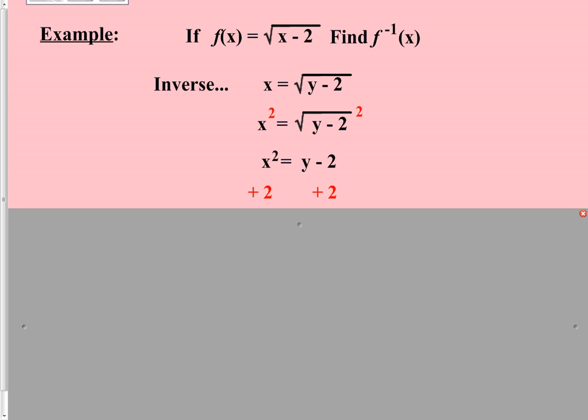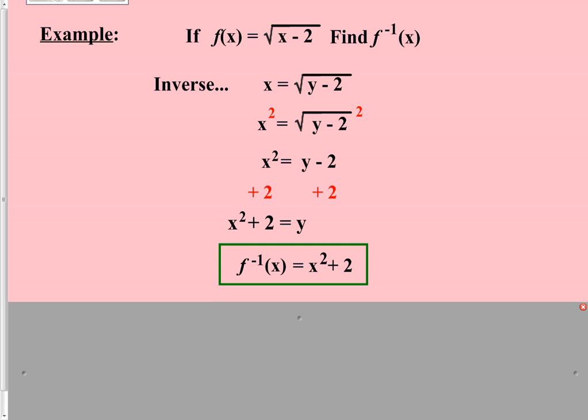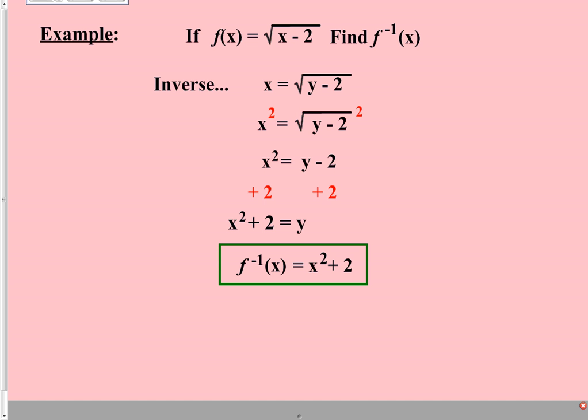On the left side, will the x squared and the plus 2 combine? They will not. They are not like terms. So we will have x squared plus 2 on the left, and y is now isolated on the right. Once you have y re-isolated, this is your inverse. The inverse of f of x is x squared plus 2.